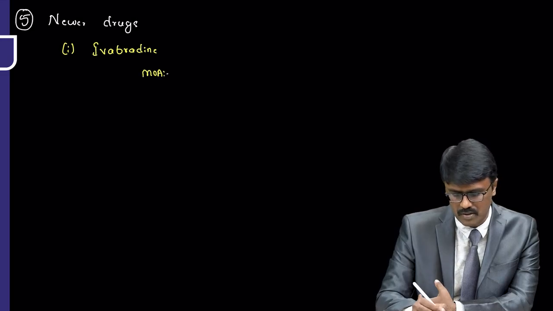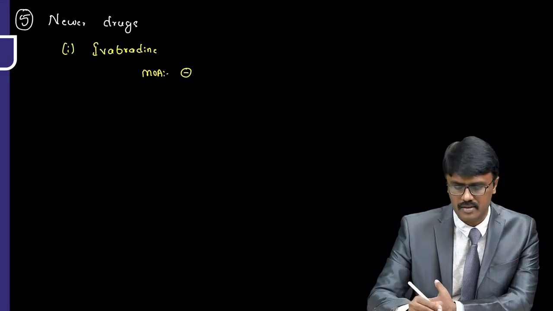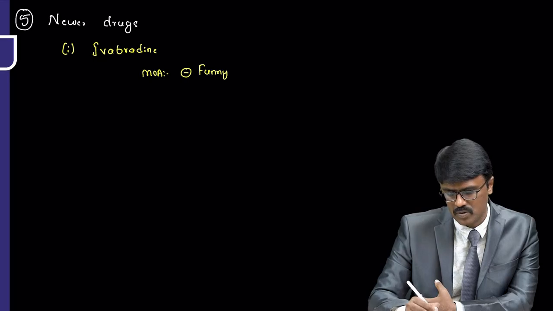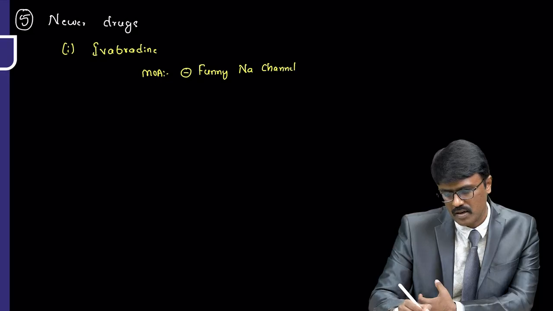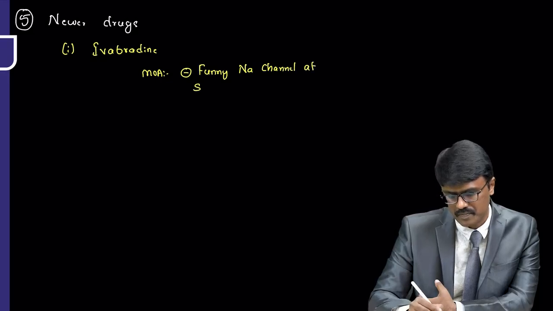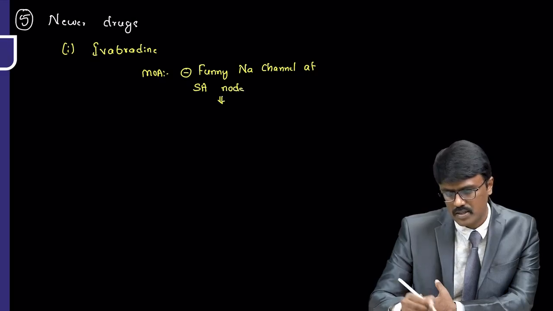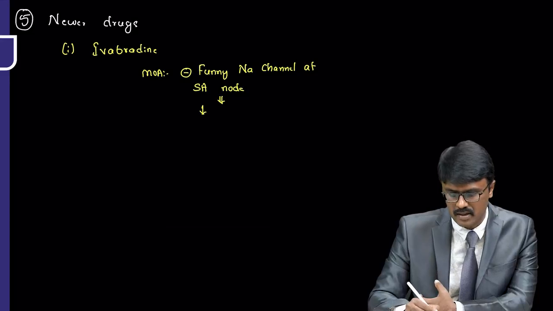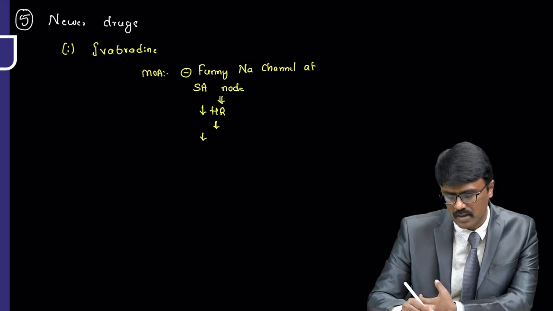It is known to inhibit a channel in the heart, particularly the SA node, that is the funny sodium channel. So what happens if you inhibit the funny sodium channel in the SA node? The heart rate decreases.